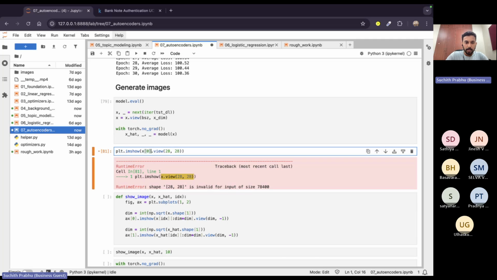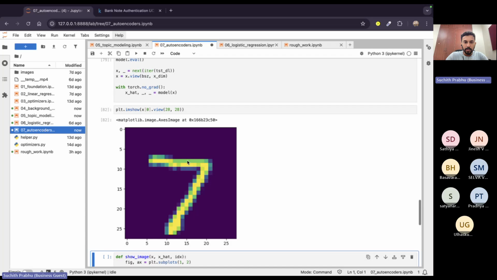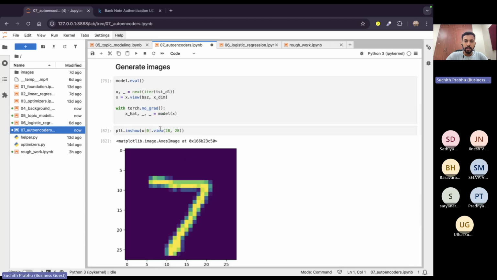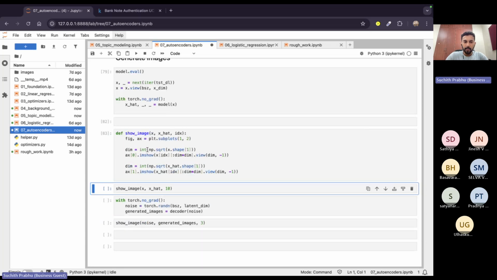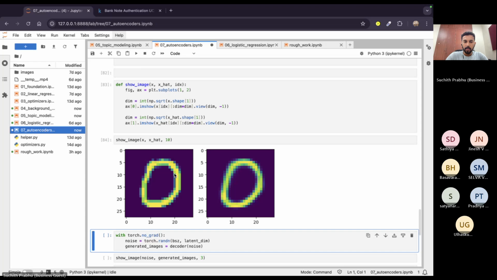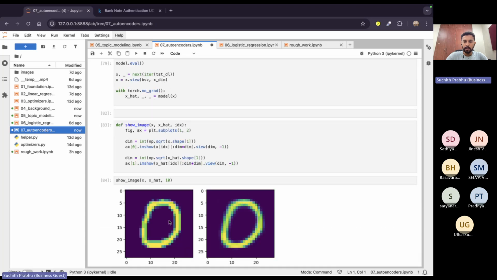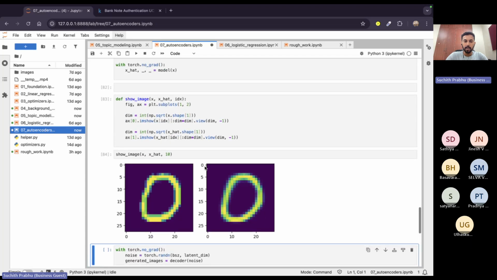It's a one zero mix. There are many inputs, so we are passing a batch through it, and this is one of the images from the batch. I've written a function where you can index and see what is happening. Let us see what the 10th input and output is. This was what we gave as input to the model and it reconstructed it back. That is what is expected from the model, but this is not that interesting.